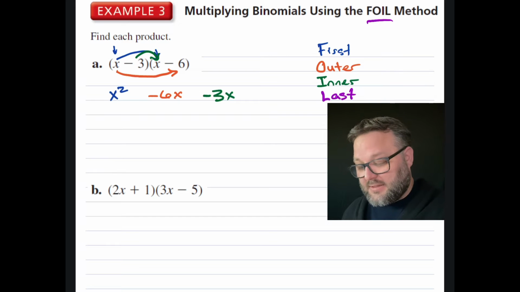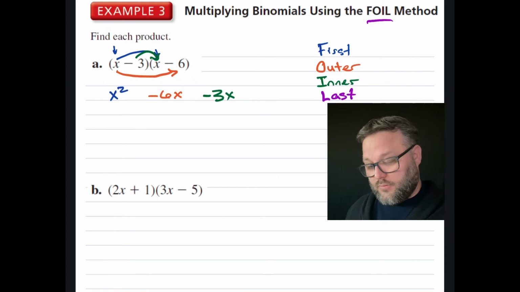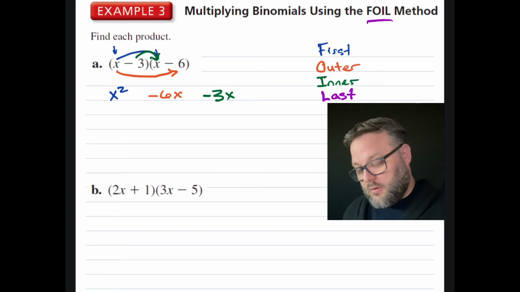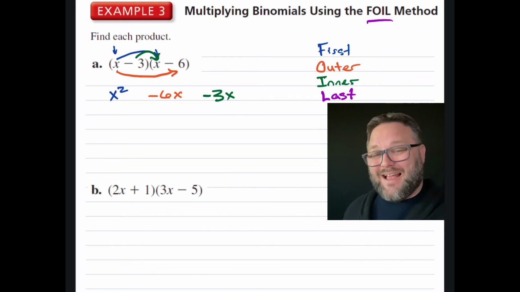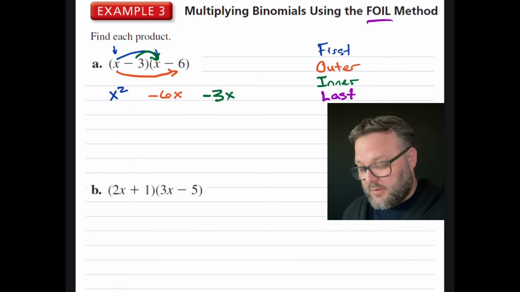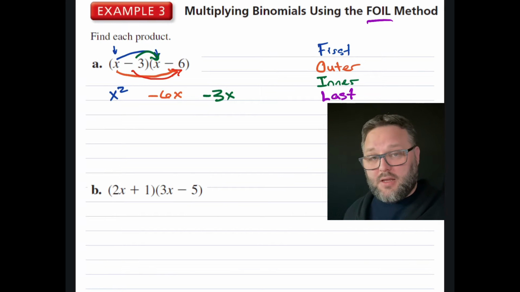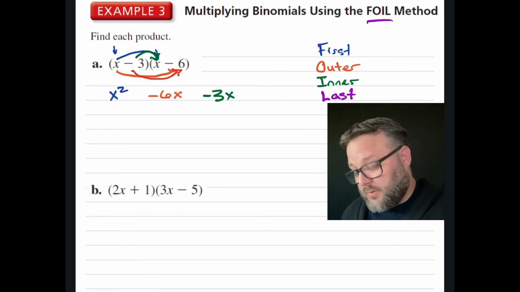Lastly, we're going to take that second inner term and multiply it by the last term. So we're going to take -3 and -6, and we're going to multiply those together to get +18.